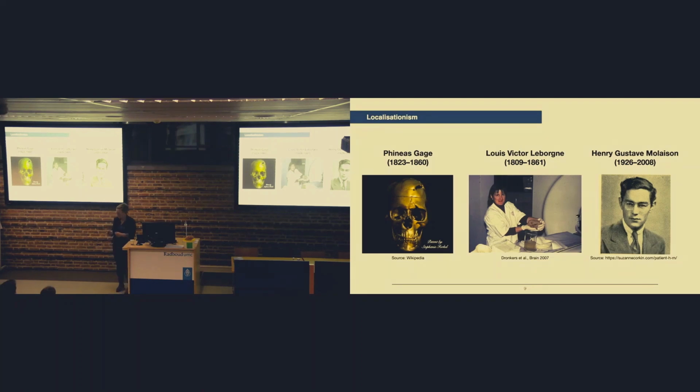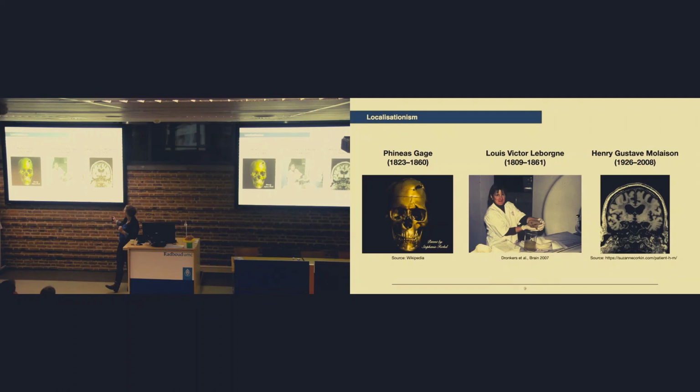Okay. Now the third one is Henri Gustave Molaison, better known as patient HM. Have you heard of patient HM? He's an interesting one. So he had epilepsy and was treated for his epilepsy by having a bilateral hippocampectomy. So they took out in both hemispheres the medial inferior temporal lobe and cut out his hippocampi.